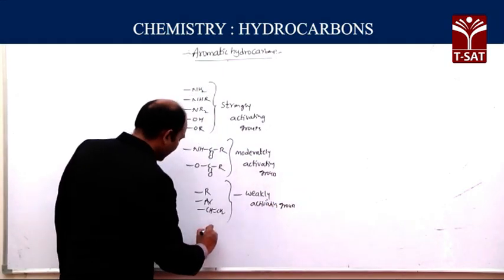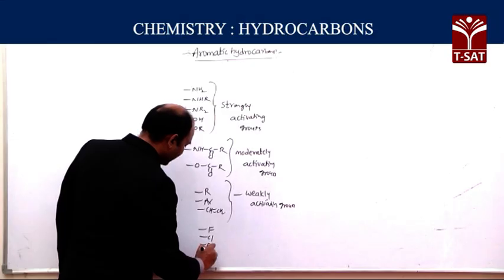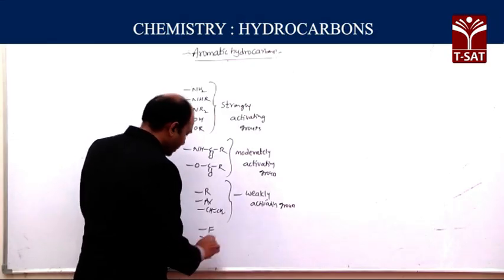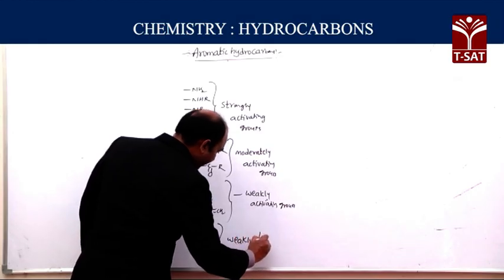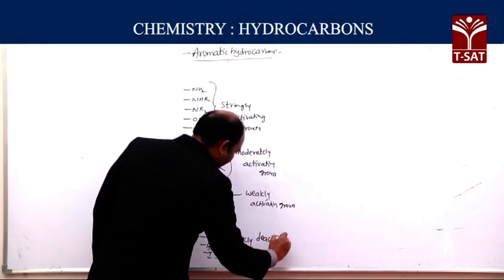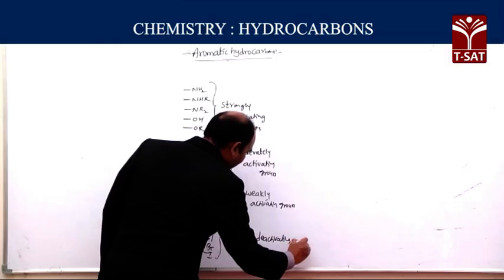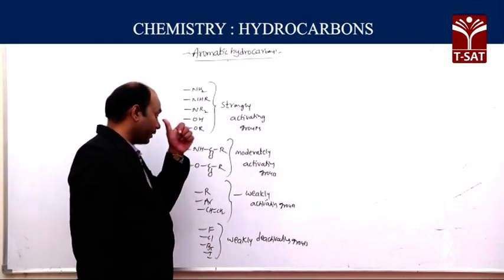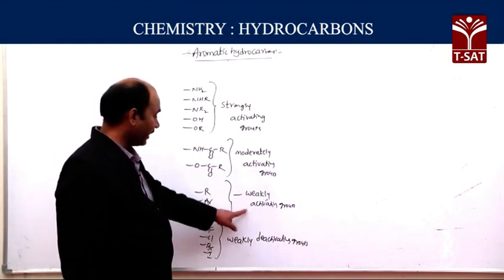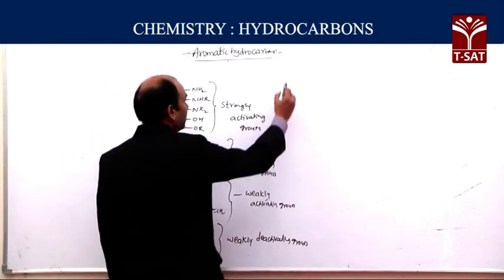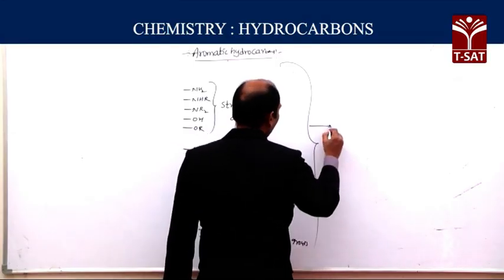Similarly, F, Cl, Br, I, these are weakly deactivating groups. These strongly activating groups, moderately activating groups, weakly activating groups and weakly deactivating groups, all these are ortho-para directors.